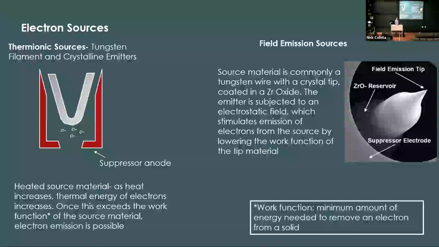And so by heating them up, we're able to stimulate the emission of electrons from the source. And then once we apply an accelerating voltage, which we'll talk about, then we get the E-beam that we use for imaging. All of the tools that we have at CNS are from the other category, which is called field emission source. And field emission source is often preferable in the sense that it's capable of higher imaging resolution.